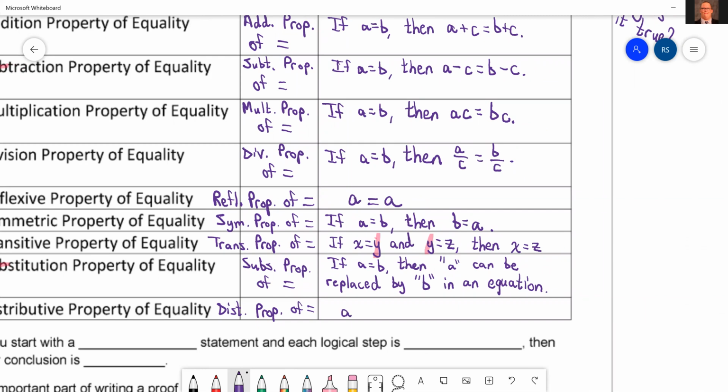It's just that A times B plus C, if that was given to us as a problem, that would be equal to, well, you've got to distribute the A to what's inside. So AB plus AC. Okay, so we got our table filled in.